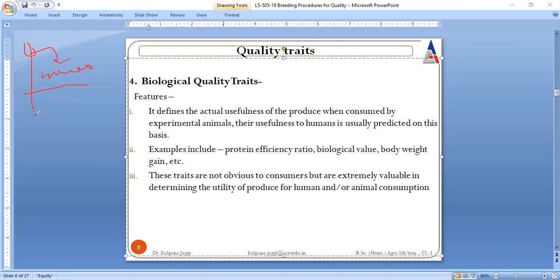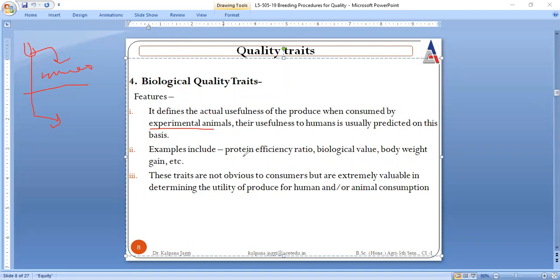Very first they are experimented. We need to see whether the quality traits we were looking for are exactly the ones we got or not, and this in turn can be estimated by introducing these improved quality traits into the experimental animals. And after they are consumed by the experimental animals, their usefulness to humans is usually predicted.